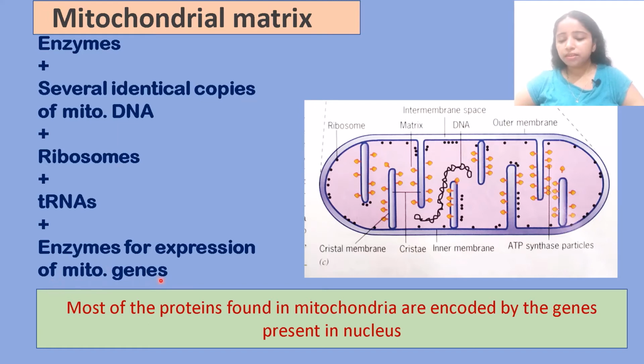So here we can see that mitochondria has its own genetic material, and the mitochondrial matrix also contains the machinery which is required for the expression of mitochondrial DNA.